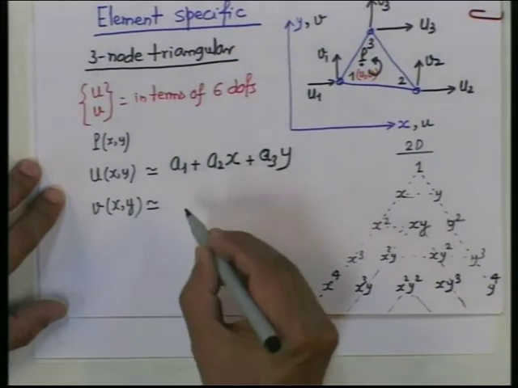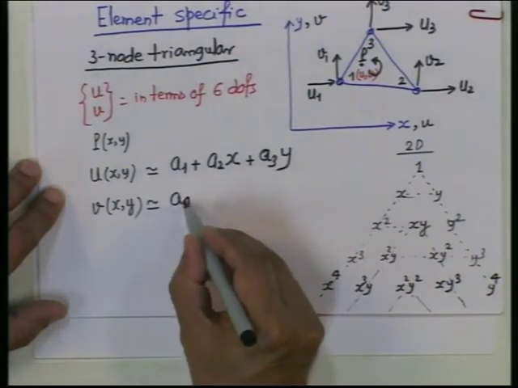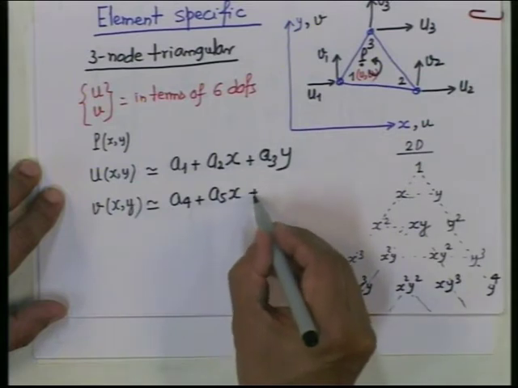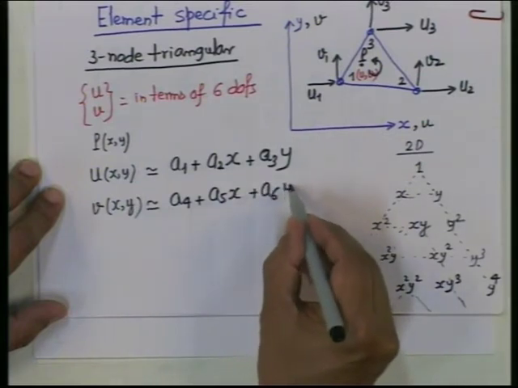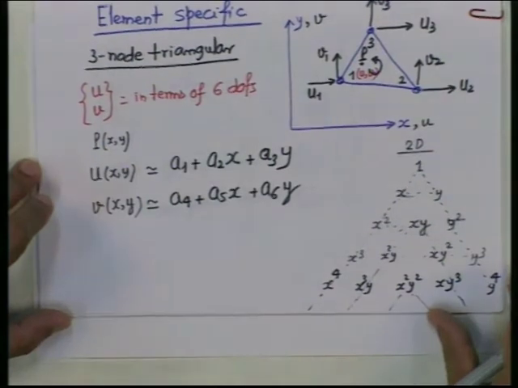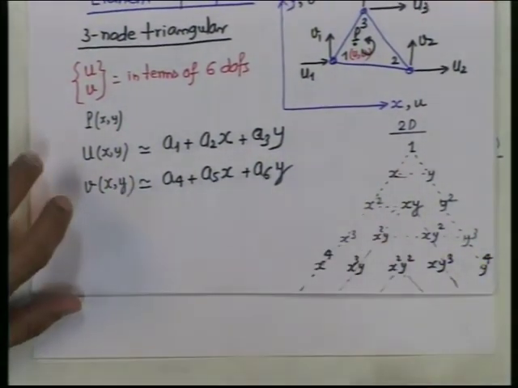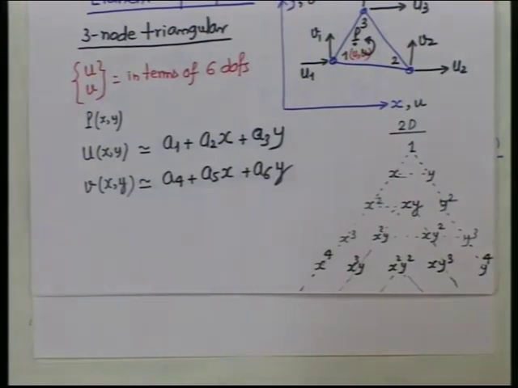Similarly, V can be expressed as a4 plus a5 x plus a6 y. So, U and V can be expressed by these linear expansions. This is the simplest 2 dimensional element.